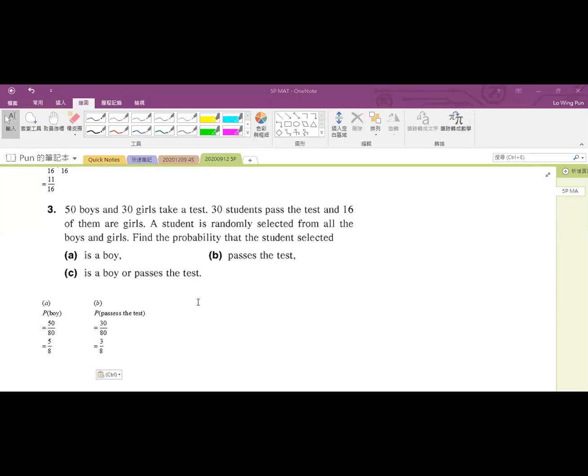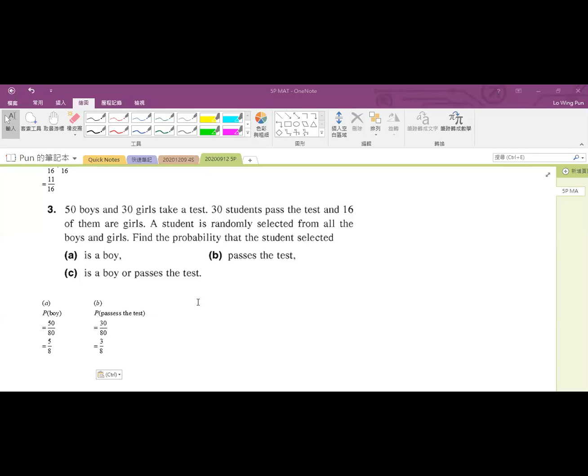That will be P boy plus P passes the test and minus P boy and passes the test. Okay，好呢個咧即係 fraction plus fraction minus fraction, right? And then all of them will be having the same denominator 80.